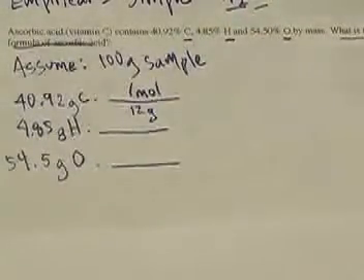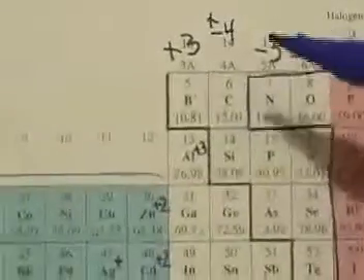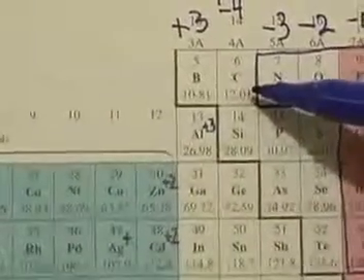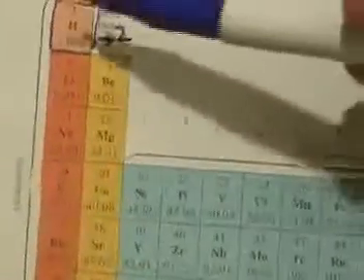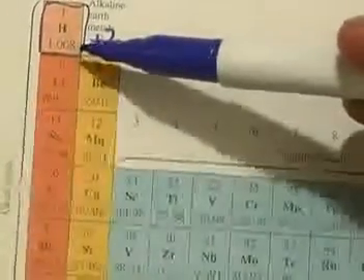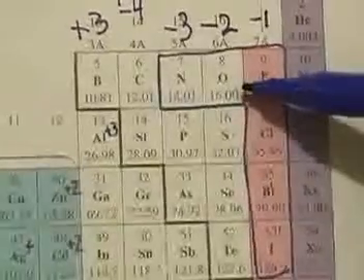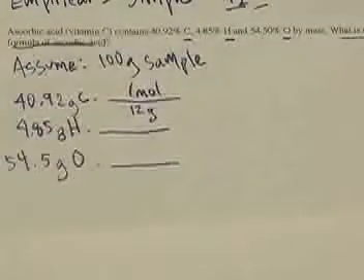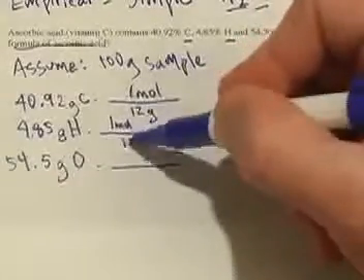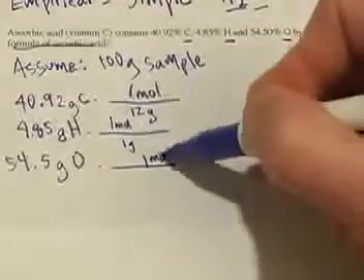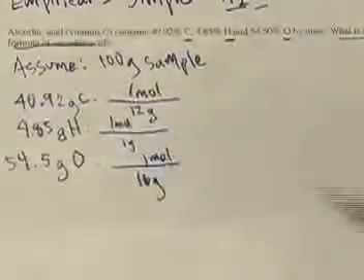If you look on the periodic table, carbon has an atomic mass of 12.01. Hydrogen has an atomic mass of 1, and oxygen has an atomic mass of 16. We'll use those masses to convert to moles. In 1 mole of hydrogen, there's 1 gram, and in 1 mole of oxygen, there are 16 grams.